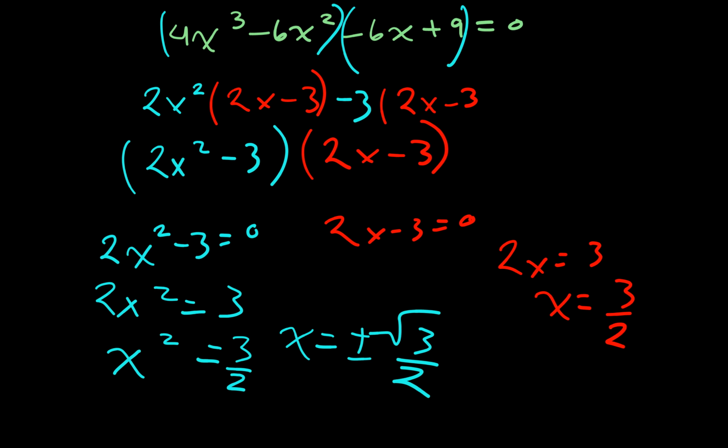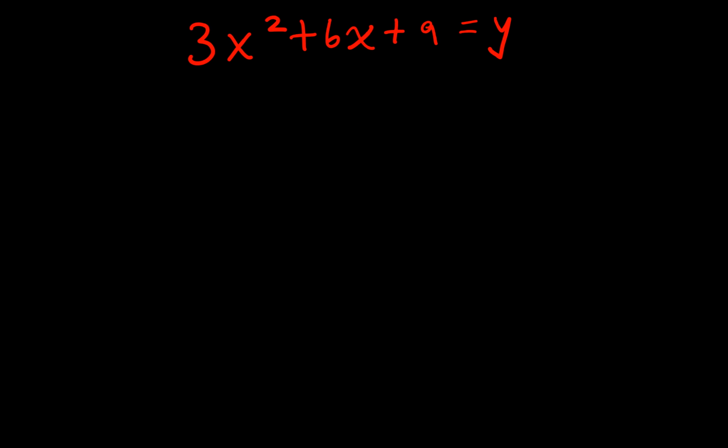If you did not understand, please go back to the last video. Thank you. So here we're going to solve for the y-intercept. What you do is you basically just substitute x as 0. And what you'll get is y equals 9.